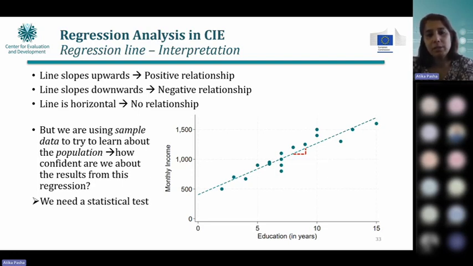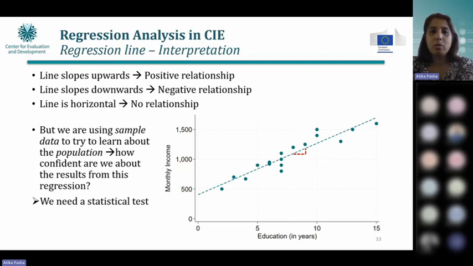If the slope was consistent, which is to say that regardless of years of education, let's say we only earn 1,000 units of income, this line is horizontal, which means that there is no impact of the years of education on monthly income, or no relationship between them. If for some reason we were to observe the opposite, which is to say, as our years of education are increasing, our income is decreasing, this line would be downward sloping, looking something like this.